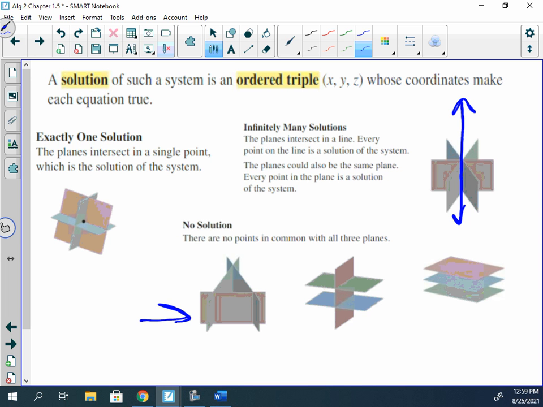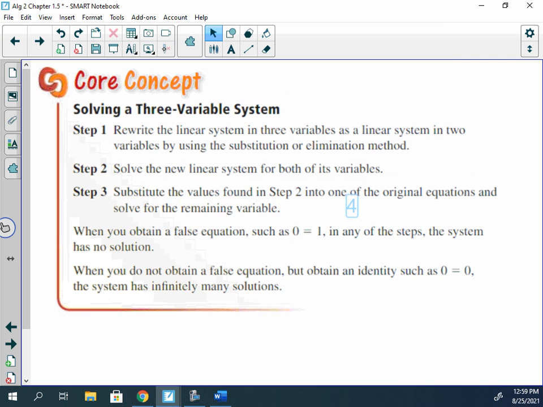Any point that we pick in those sets of intersections will not satisfy all three. It'll satisfy two of them, but we need it to satisfy all three. All three need to cross for us to have a solution. So these are the three types of solutions that we can have for a system of equations in three variables.